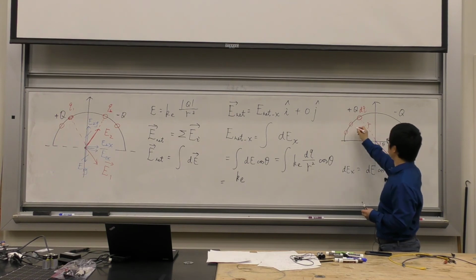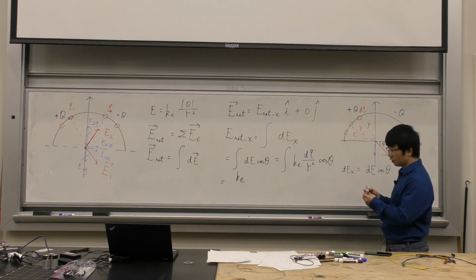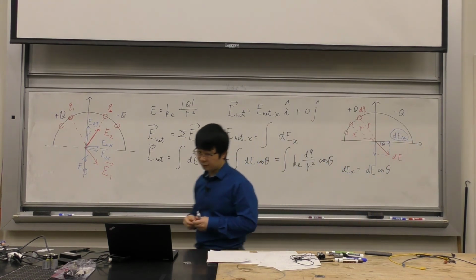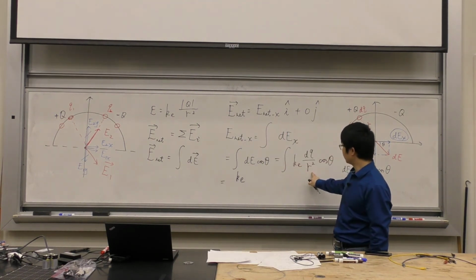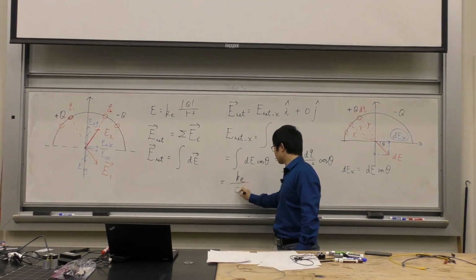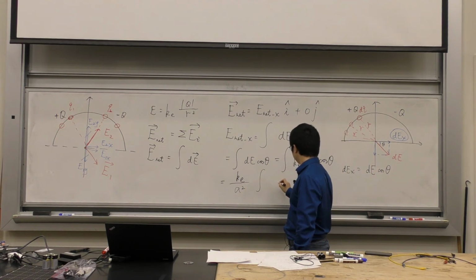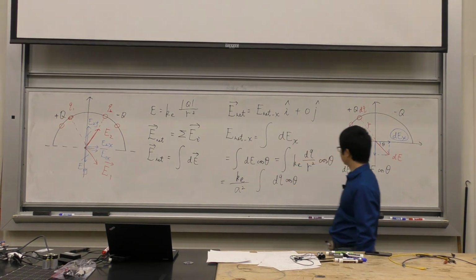This is distance r, which is going to be just the radius of this semicircle. In this problem, it's a. So that means this r is not a variable. You can take it out. Okay, so you're going to have dq cosine theta, right?